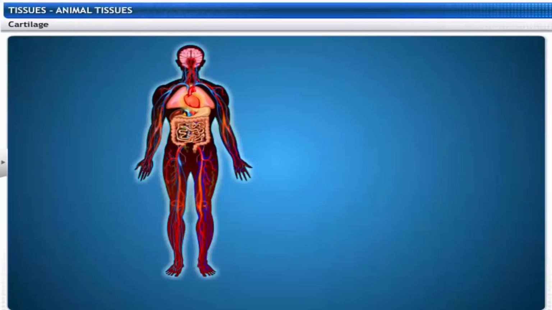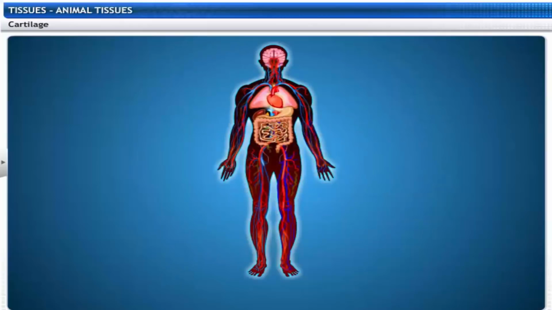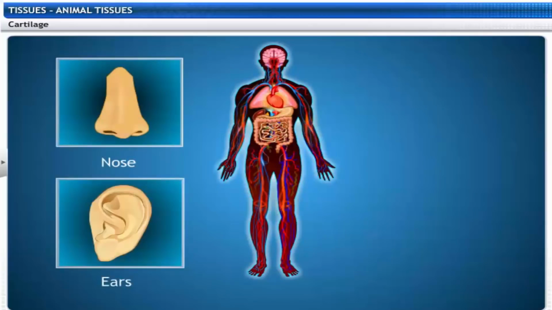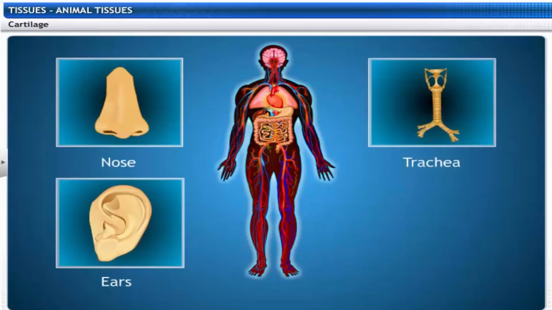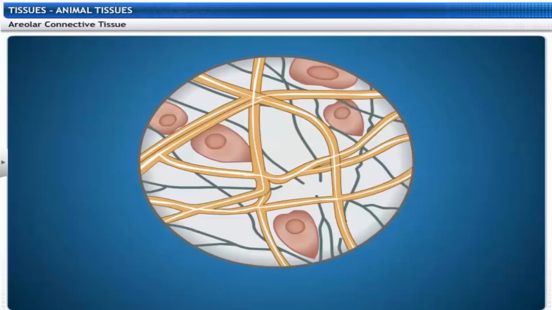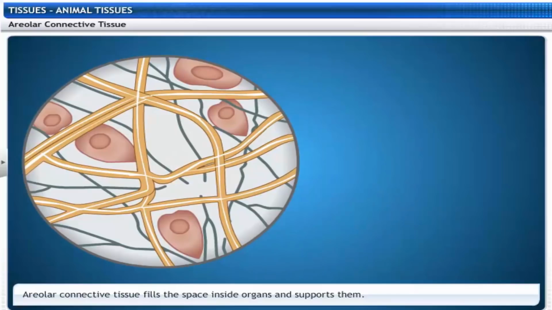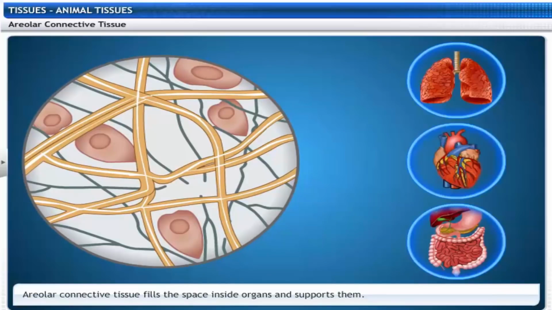Another type of connective tissue is cartilage. Cartilage has widely spaced cells suspended in a matrix of proteins and sugars. It is found in the nose, ears, rings of the trachea, and at the end of long bones to give flexibility. Take a look at these irregular shaped cells. They are areolar connective tissue that fills the space inside organs and supports them.